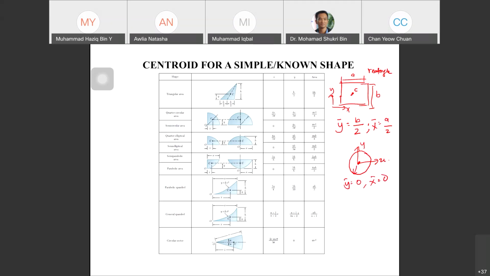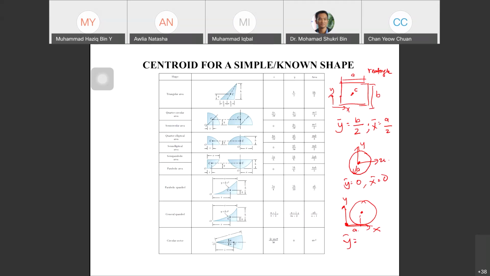Let's say this one is your area. It depends where you locate your Y and X. Let's say your reference is somewhere here, Y and X. So your X bar is basically the distance from here until here, A.